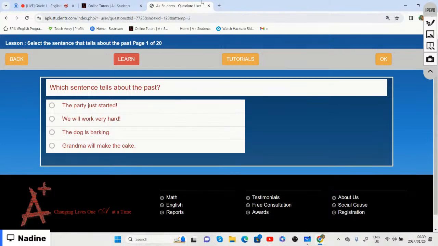These are the sentences that tell us about the past. So we need to select a sentence that tells us about the past, something that happened already. The party just started.